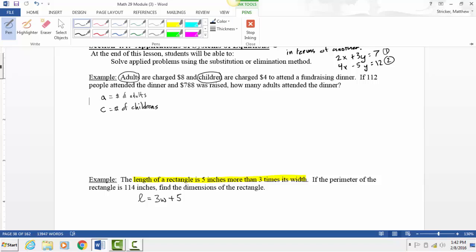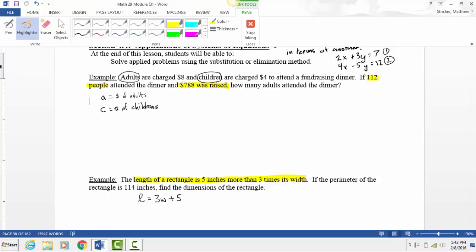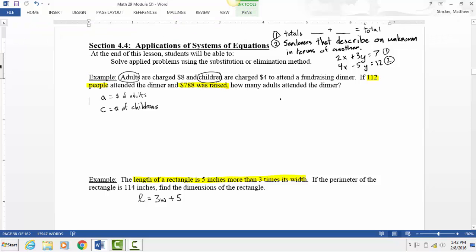The very first total is this 112 people. There's 112 total people. And then also there's another total. It's the amount of money raised. There was $788 raised. And so we should have 2 equations with totals. The first one being that it's going to add up to 112 people. And then secondly, a total of $788 raised.